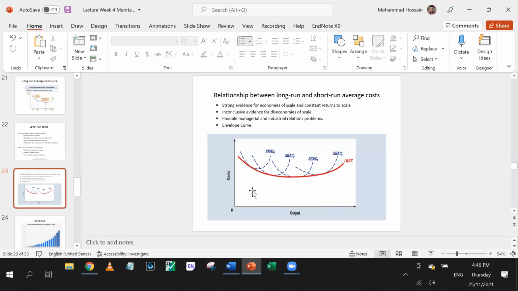If you increase your output and produce this much, the short-run average cost is here. These are four different businesses, or four different stages, and the same business will go through all these four stages in the long run.